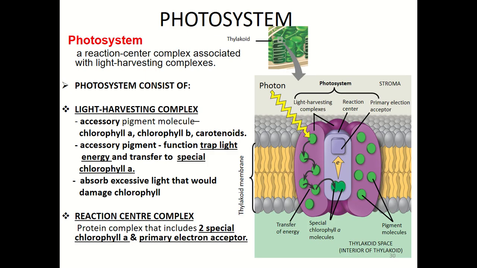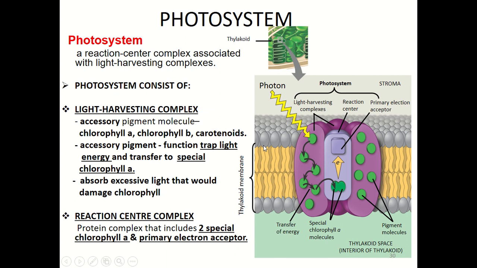Before we go to the stages in photosynthesis, you need to know about the photosystem. The structure over here is known as a photosystem. So what is a photosystem? A photosystem is a reaction center complex that is associated with a light harvesting complex.